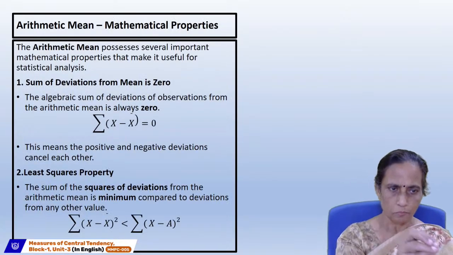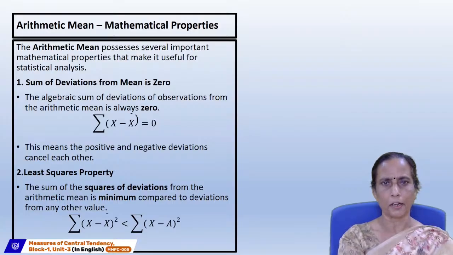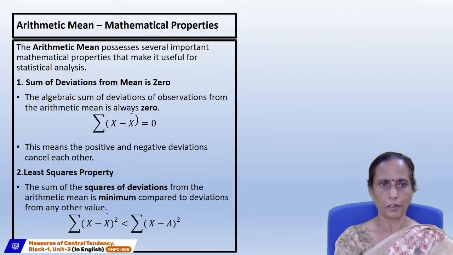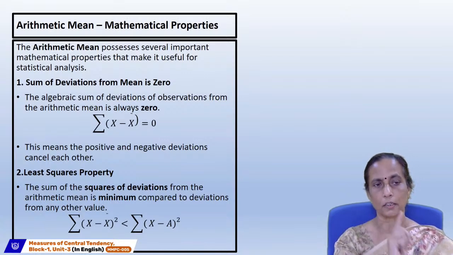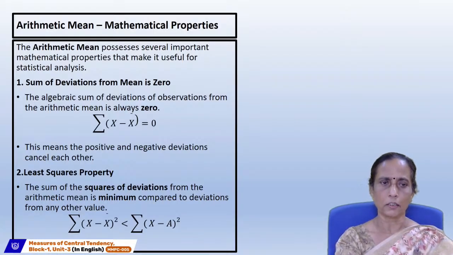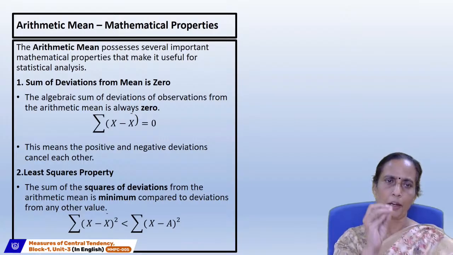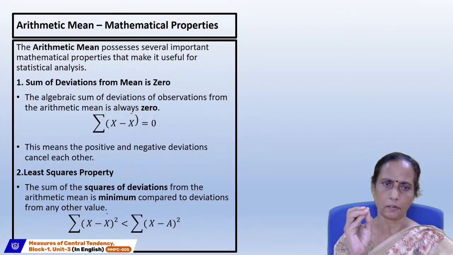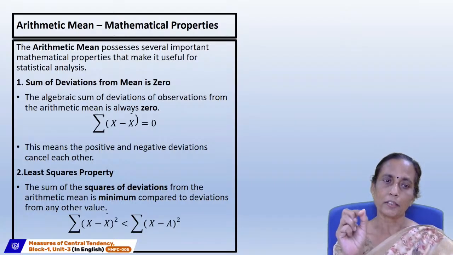So for the mean that we have calculated, what are the basic mathematical properties that it possesses? Several important properties. One is that the sum of deviations from the mean is 0. That is, if you calculate the sum of the deviations, x minus x bar.